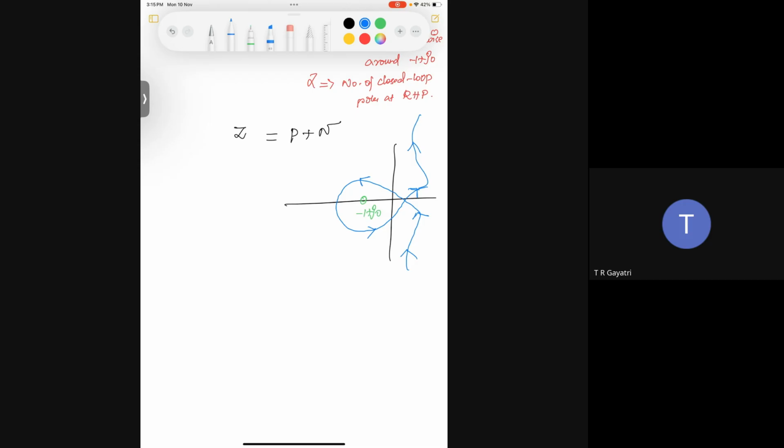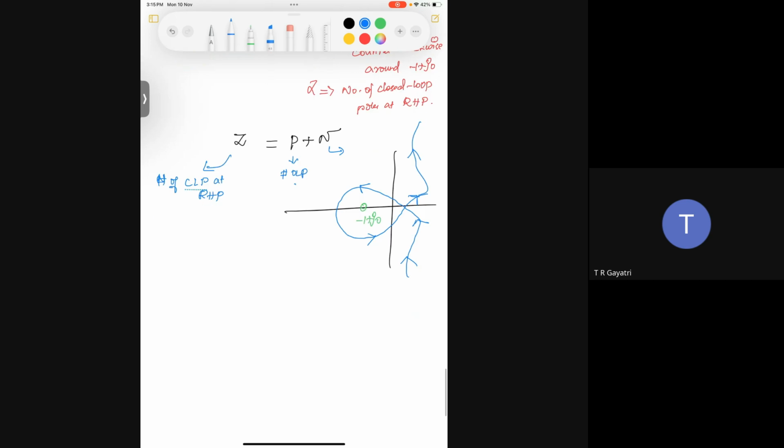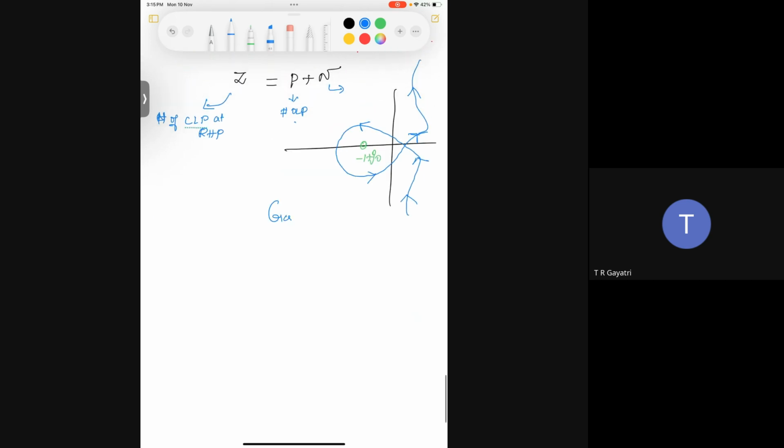So with this, Z is the number of closed loop poles in the RHP, right half of the plane. N is the encirclement. P is the open loop poles of the system. N is the encirclement. So if I give G of S, I'm randomly giving, not connected to this Nyquist plot, S plus A.